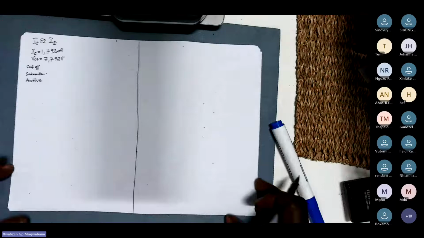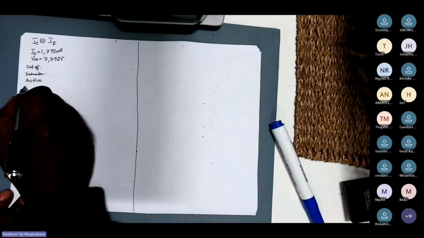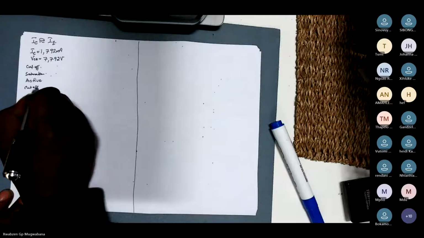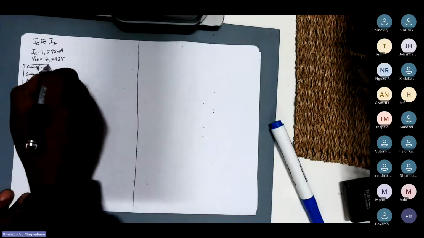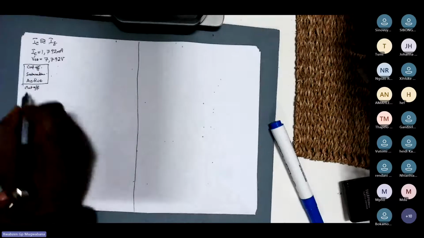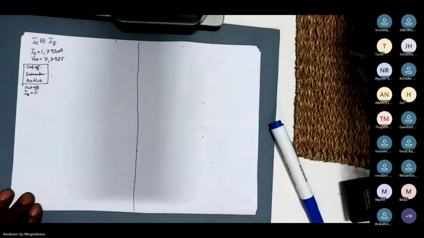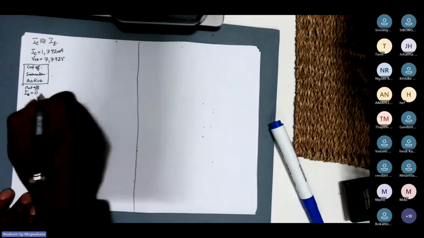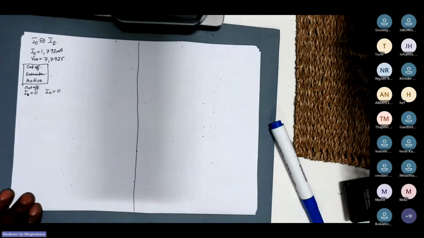For cutoff, what are the conditions? Remember, we need to find these. IB is equal to 0. When IB is equal to 0, IC also is equal to 0. Are we together on that part?